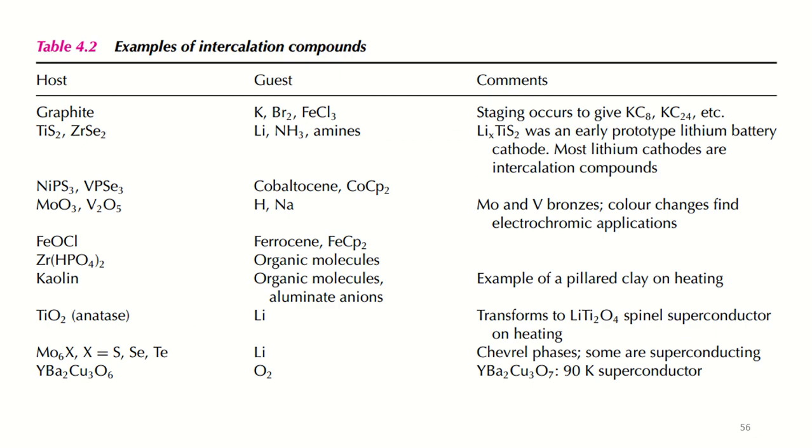Some examples are shown in this table. Here we can see that the hosts are graphite, titanium sulfide, and zirconium selenide, and the guests are potassium, bromine molecule, iron chloride FeCl3, lithium, ammonia NH3, and amines.